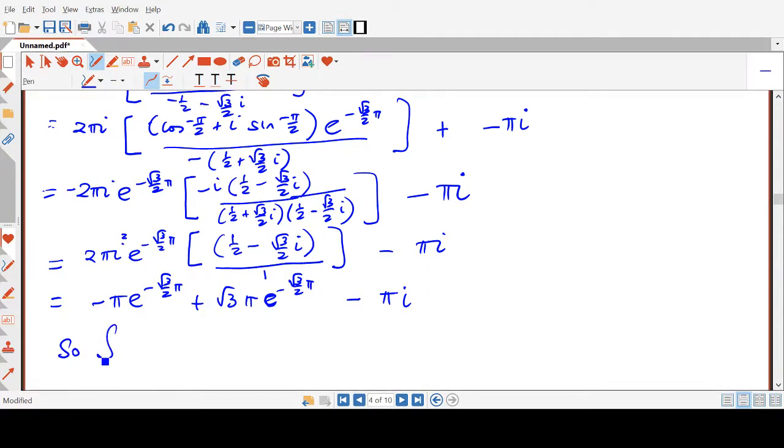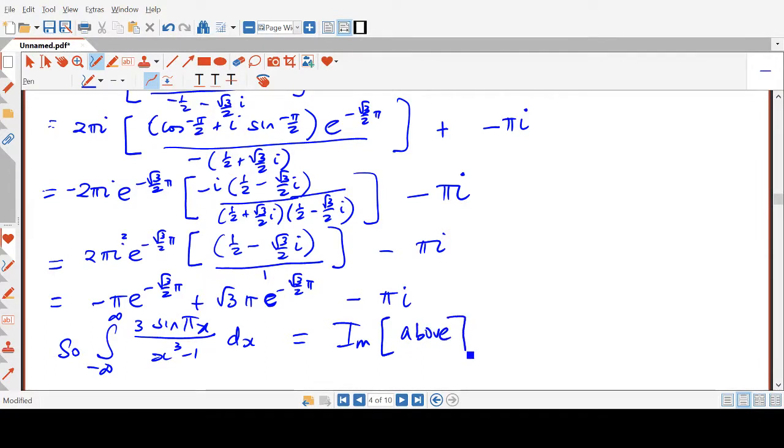So the integral I seek, sine pi x over x cubed minus 1 dx from minus infinity to plus infinity, is going to be the imaginary part of the above. That will be, so there's an i here, root 3 pi e to the minus root 3 over 2 pi minus pi.